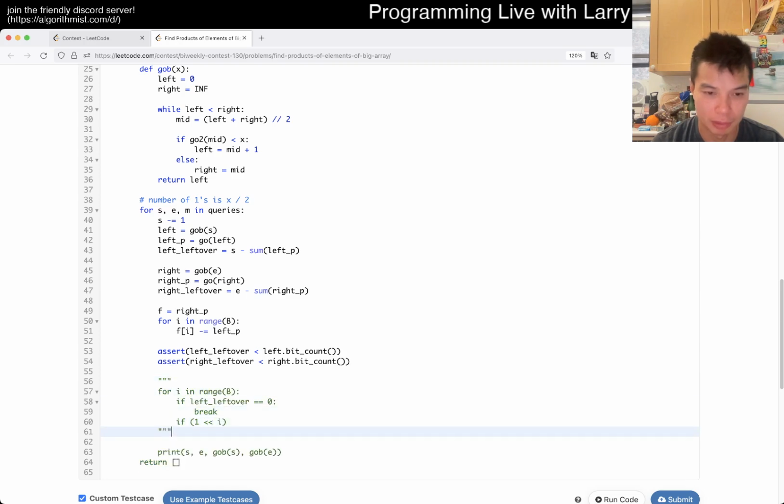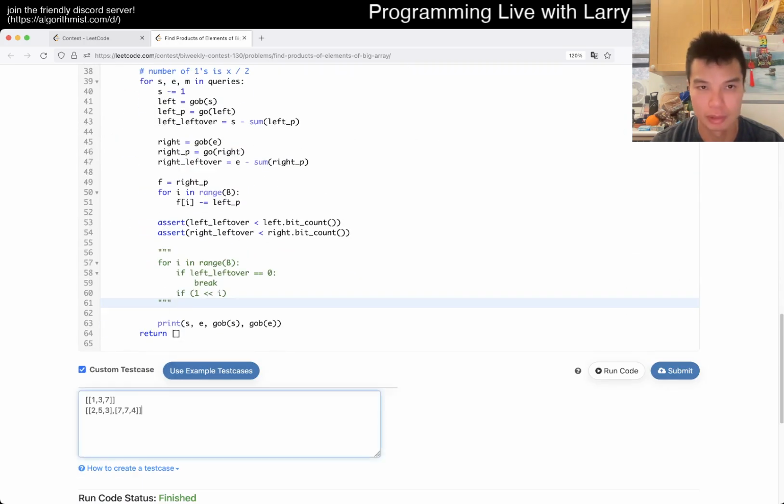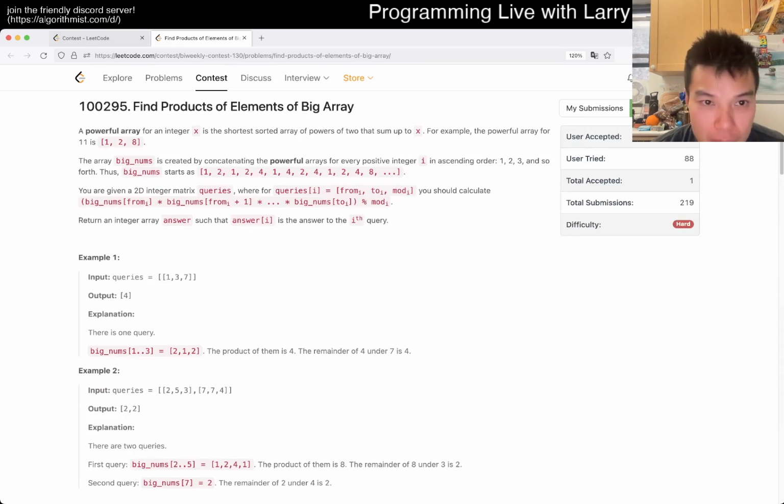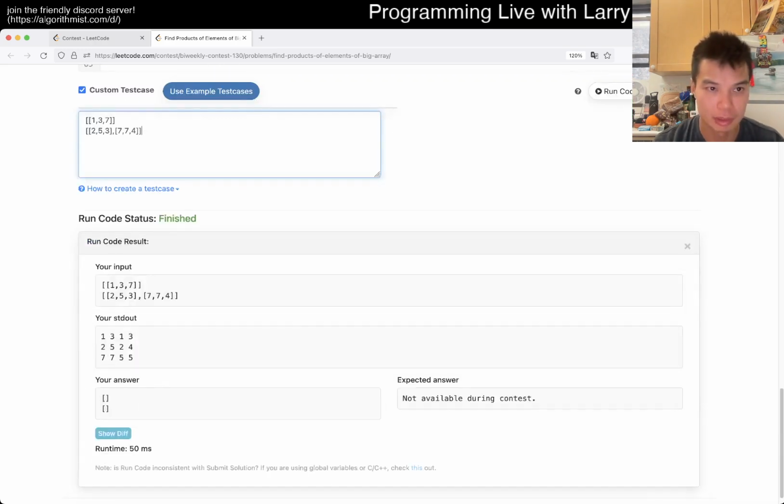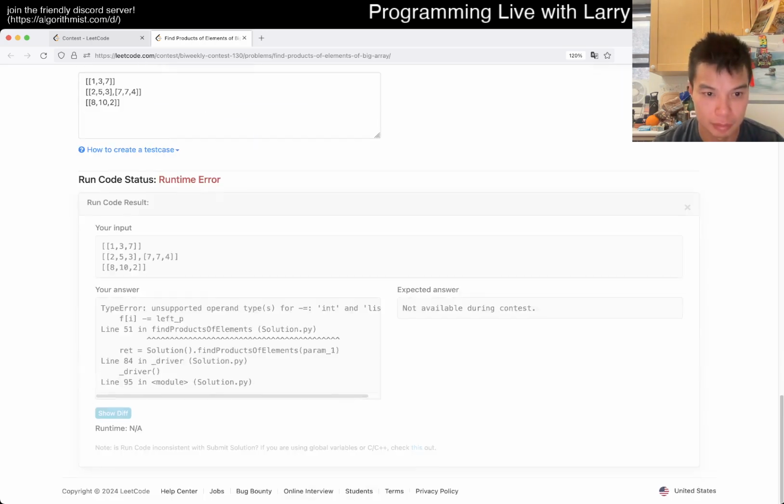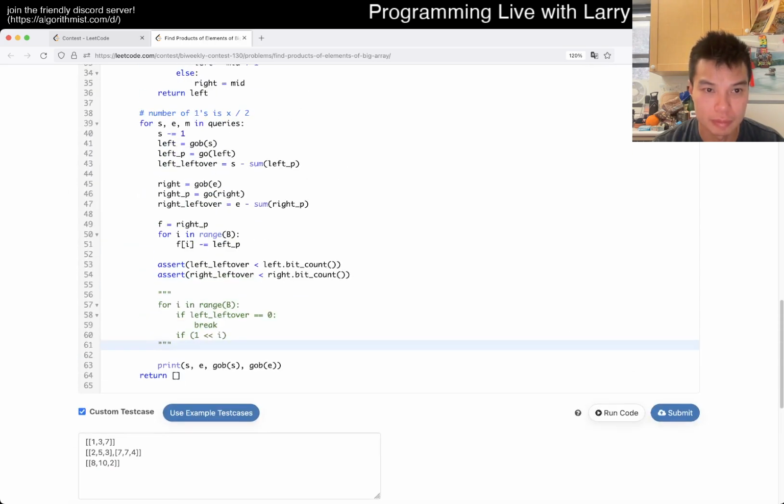Alright, let's just skip this part for now, and I actually want to do 1, 2, 3, 4, 5, 6, 7, 8. Let's look at 8 and what I print. Oh, whoops.